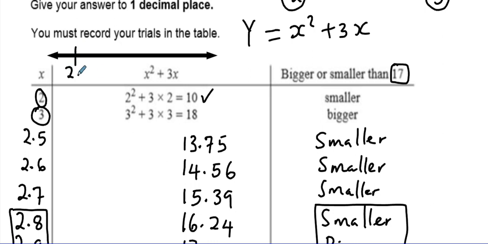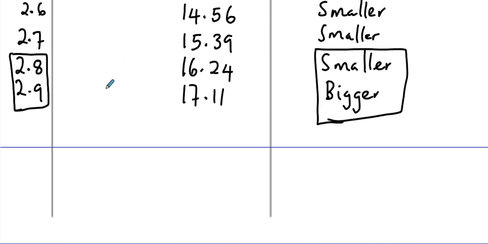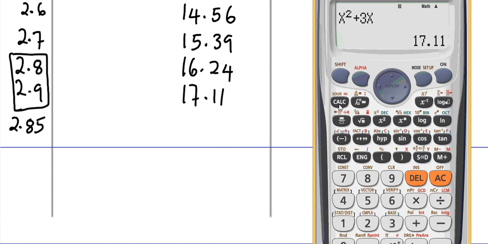Here we have to try the number exactly at the middle, halfway between 2.8 and 2.9. This is 2.85. So calculate the value of y when x is 2.85.